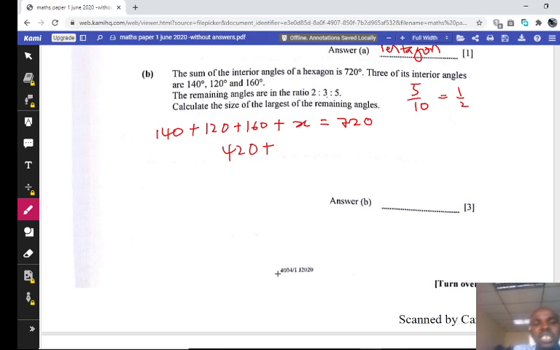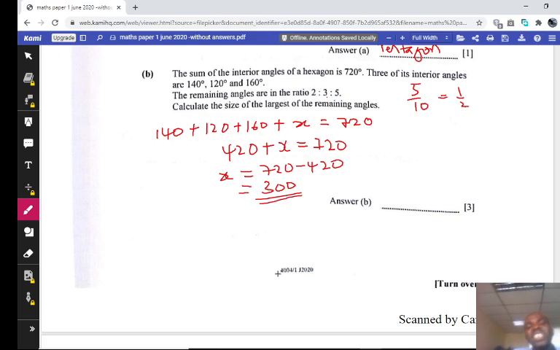So 420 plus x is equal to 720. Here x is equal to 720 minus 420, which is 300. So the remaining 3 angles total 300. The biggest angle will be half of it, so half times 300 is 150 degrees. That's the biggest angle of the remaining 3 angles.